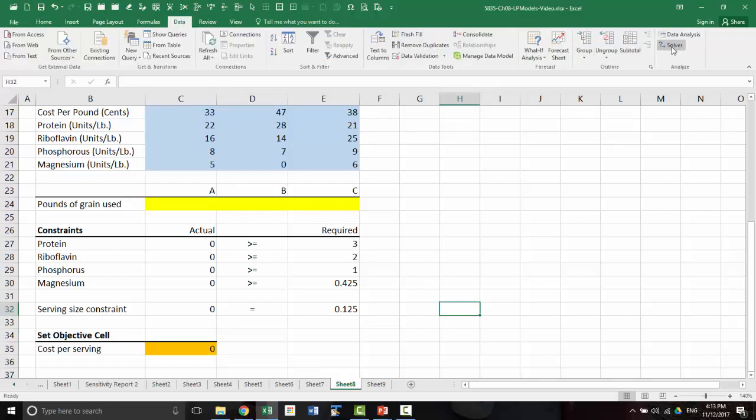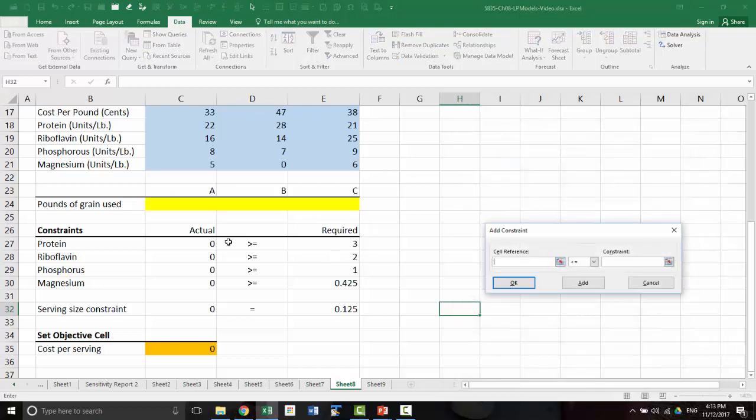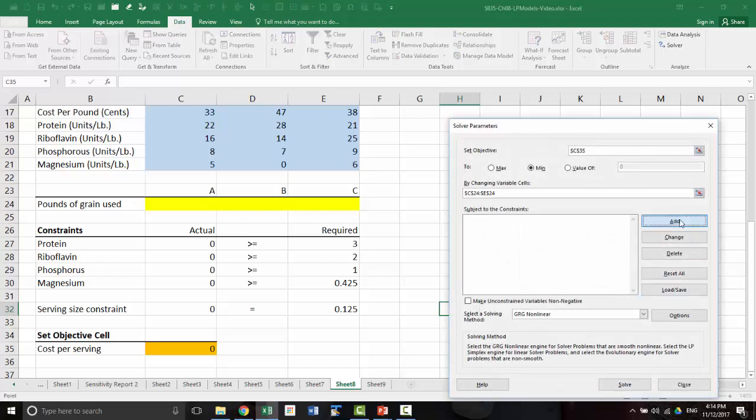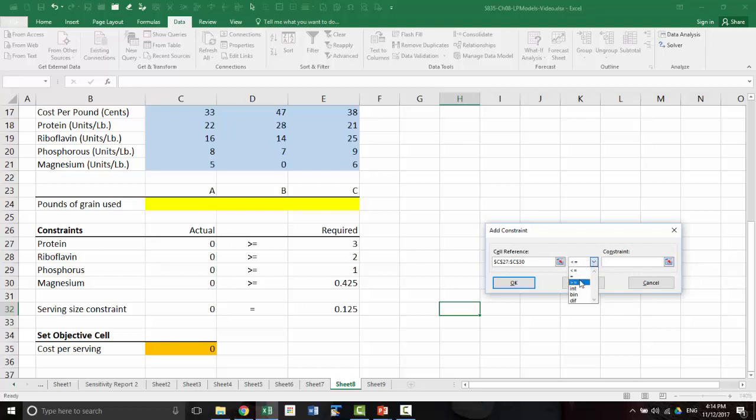So now we are ready to solve. Cost per serving should be minimum, and the changing cells are those. The constraints: these must be greater than or equal to that.